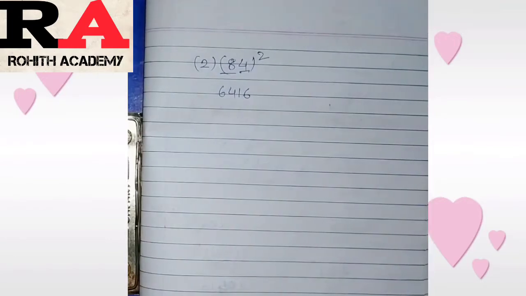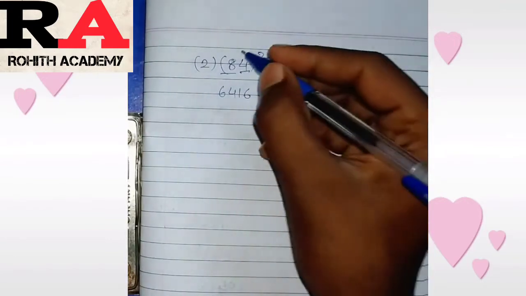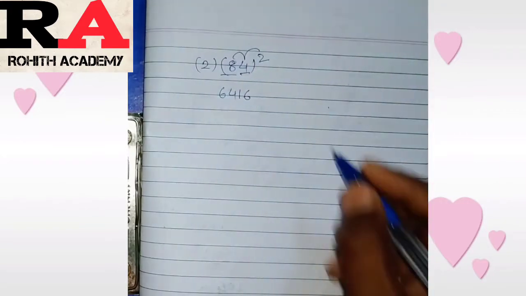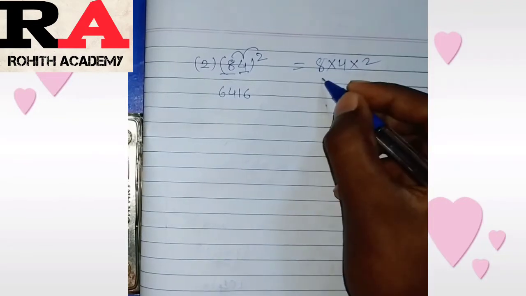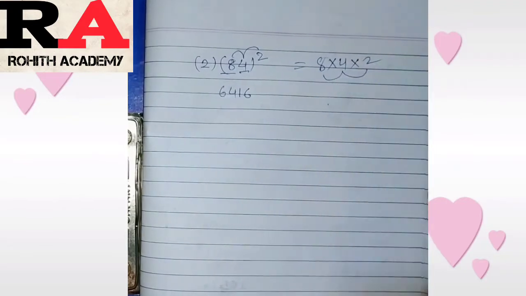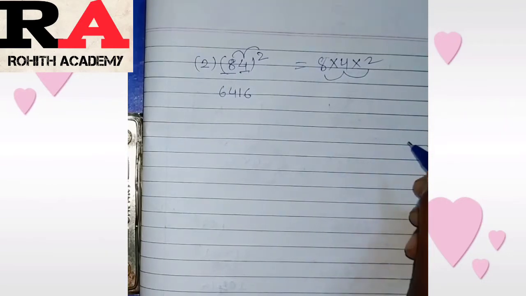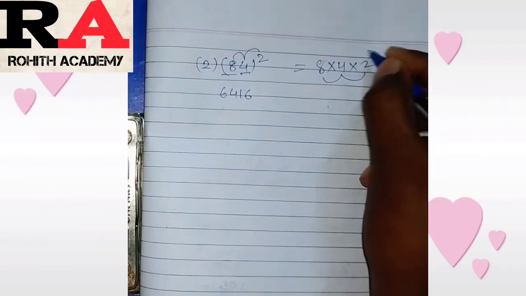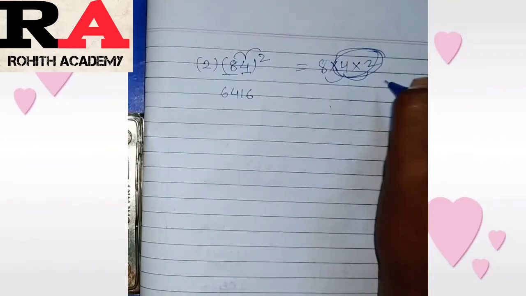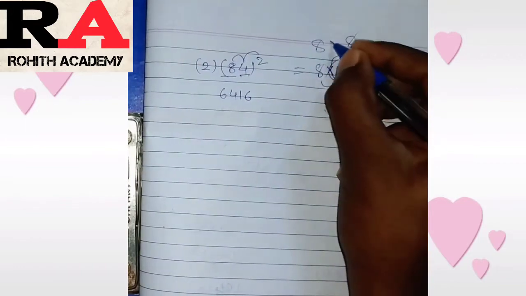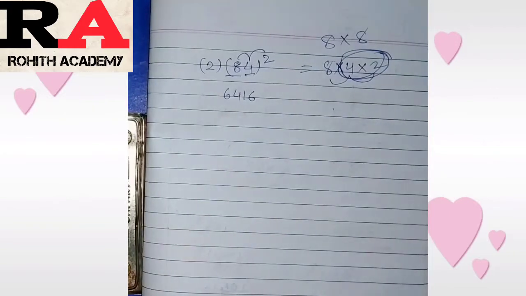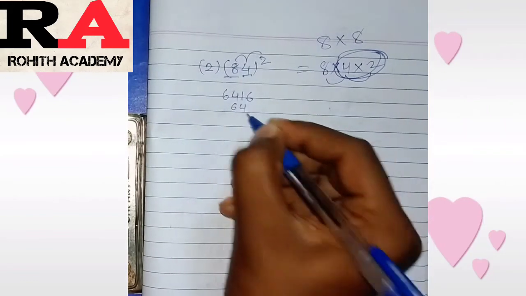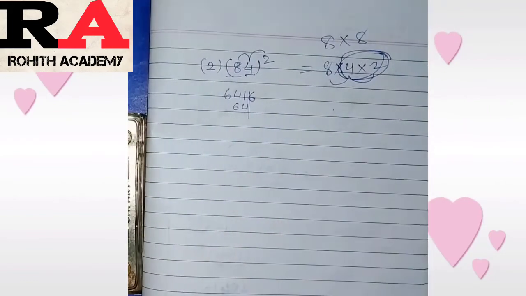Then our third step is to multiply these three numbers, that is 8 into 4 into 2. 8 fours are 32, 32 twos are 64. To do this the simple way, first multiply the two small numbers: 4 twos are 8, and this 8, 8 eights are 64. We write 64 from the right side after leaving one digit. I did not write it under the 6.